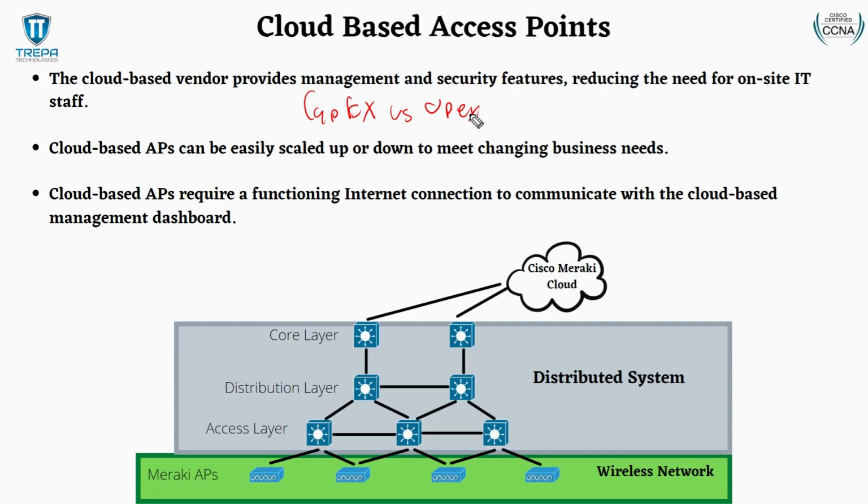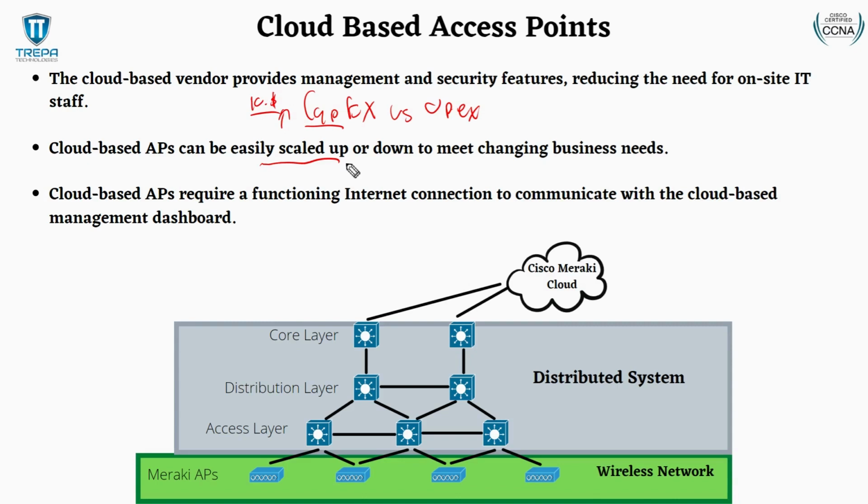And they're maintaining the data center. Now, all you're worried about is maybe for each access point you add into your network, they're going to say, okay, well, if that access point stays up for 24 hours, that's going to be an additional $10 a month for you using our service. So with that, they can be scaled up or down easily, though, to meet changing business needs.